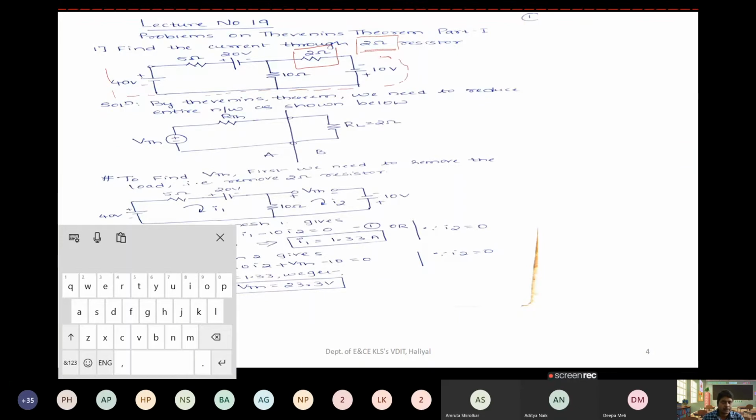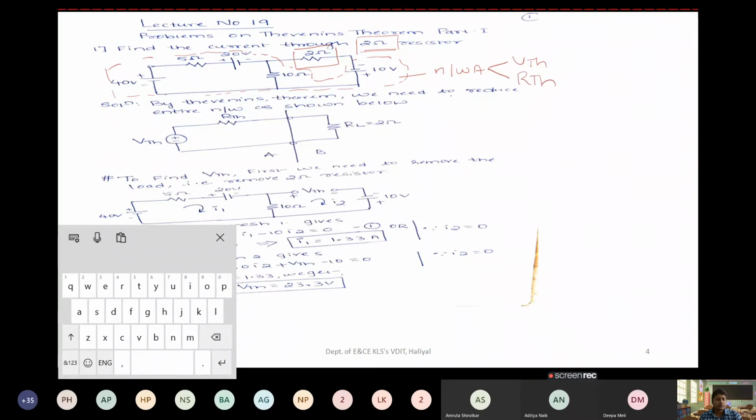Part A network. All these elements, the perimeter marked with the dotted lines, will be considered as network A. Using these elements, we need to determine VTH and RTH.